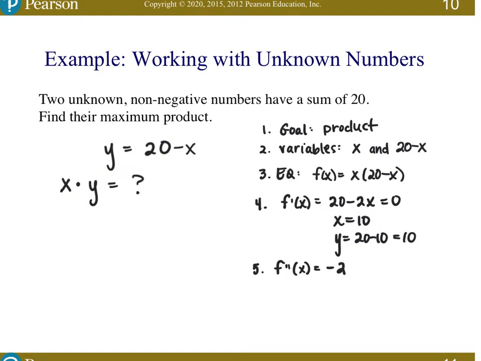That means this function has negative concavity. The second derivative test tells me that if a critical point has a first derivative that's equal to 0 and a second derivative that is negative, then that's a max. So the second derivative test confirms that it's a max.